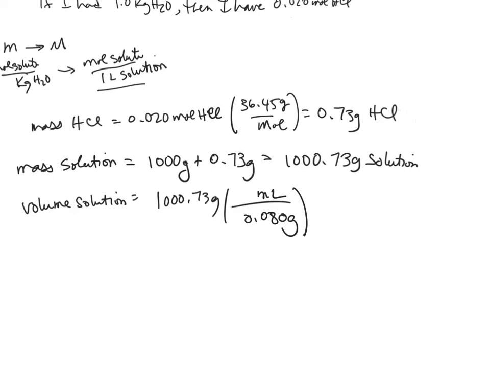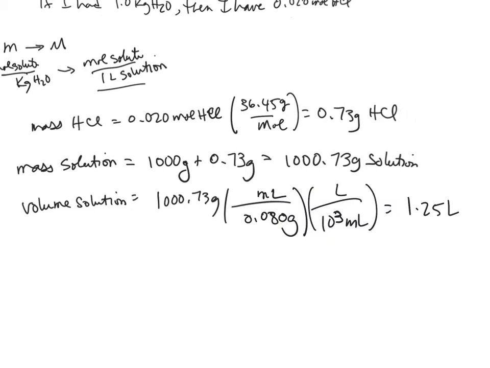So you're dividing by the density. And then 10 to the third milliliters per liter. This works out to be 1.25 liters. So 1 kilogram of solvent, but you get 1.25 liters.